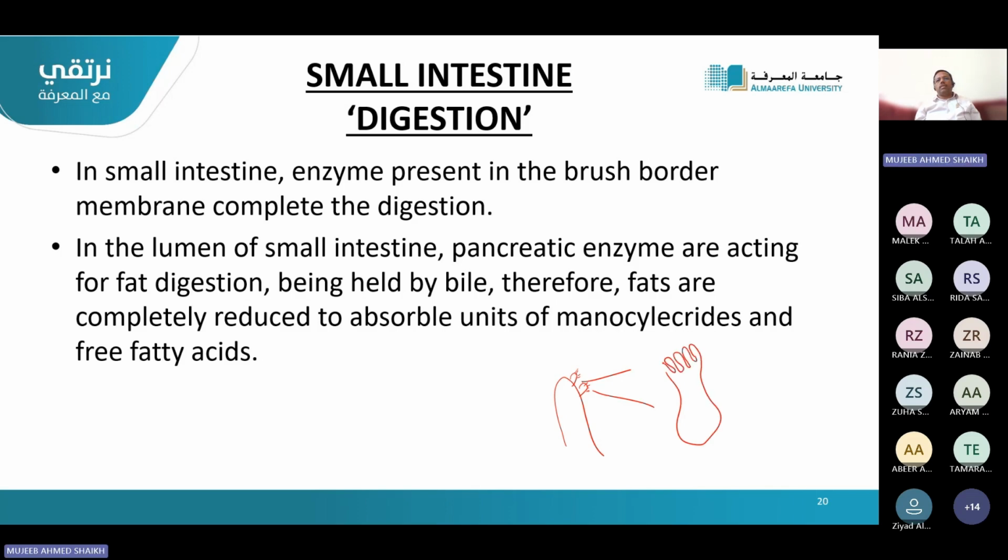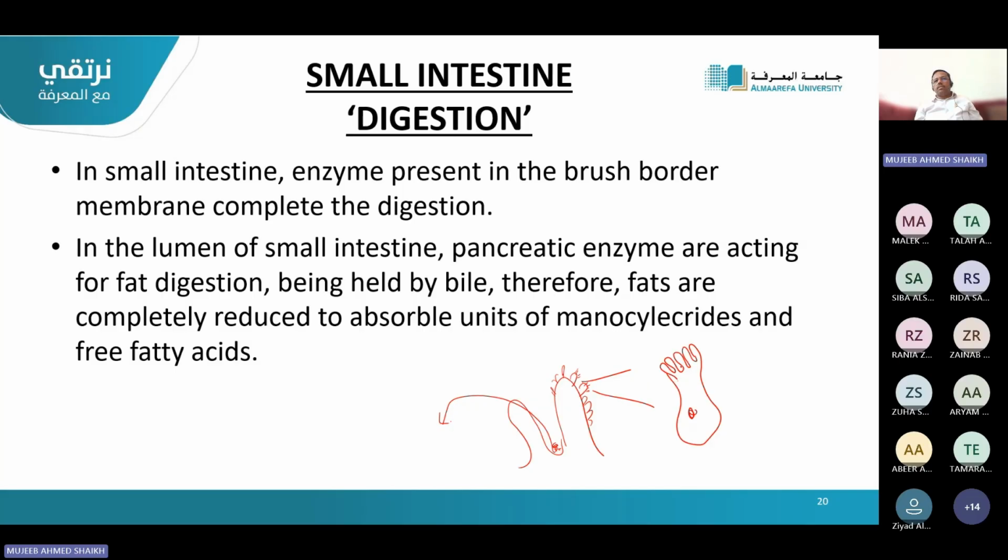This is called the brush border. There are many cells like this, and it will be folding like this. Some crypts are coming here. The area which is down is the crypt, and the peak is the peak of the villus.